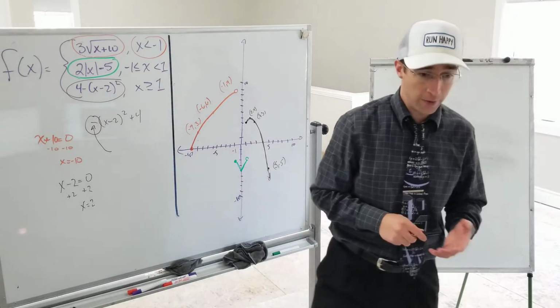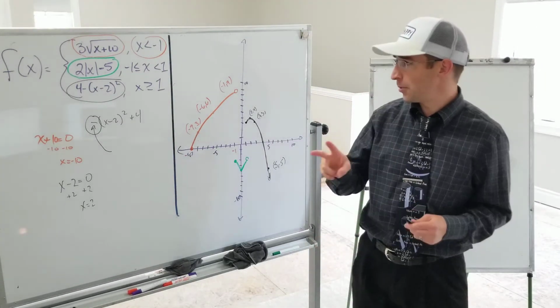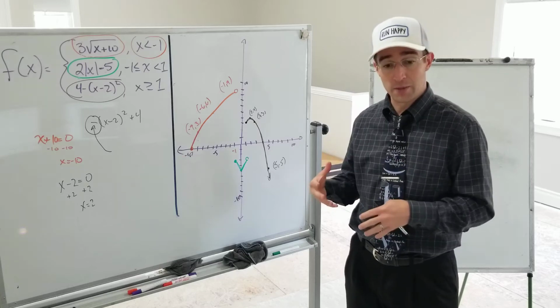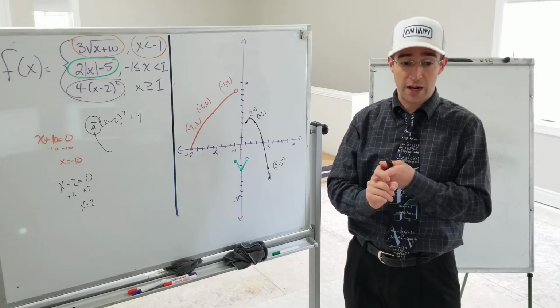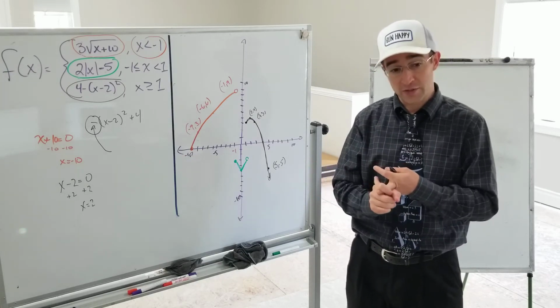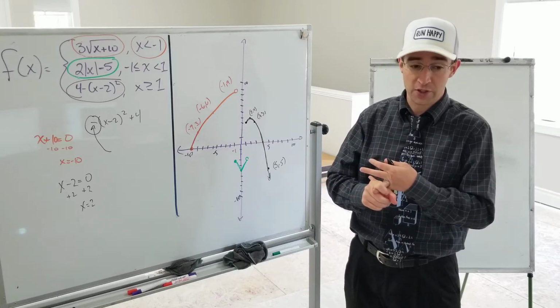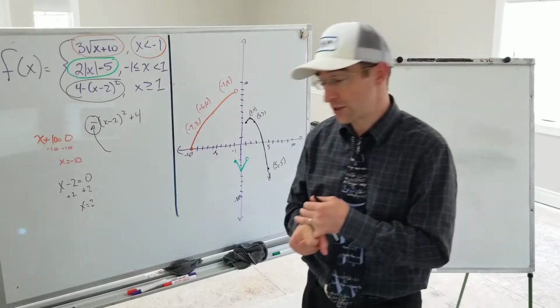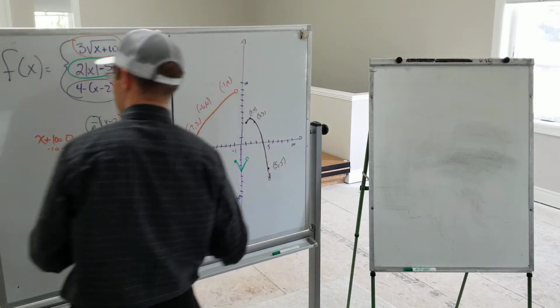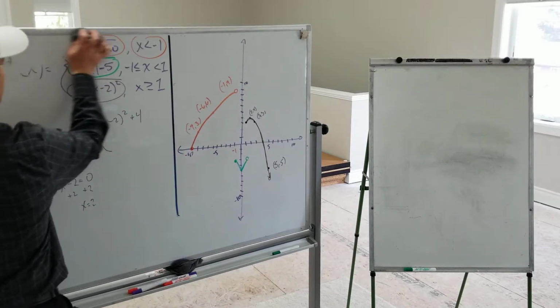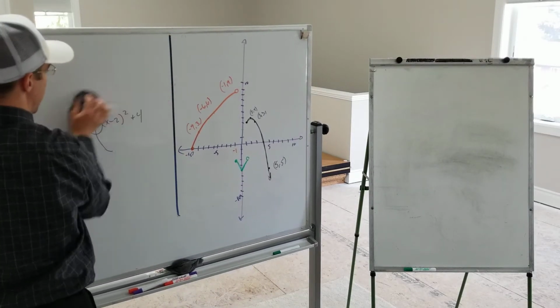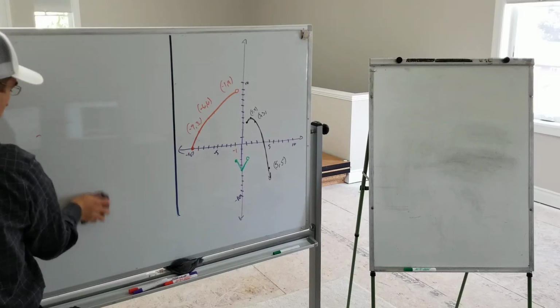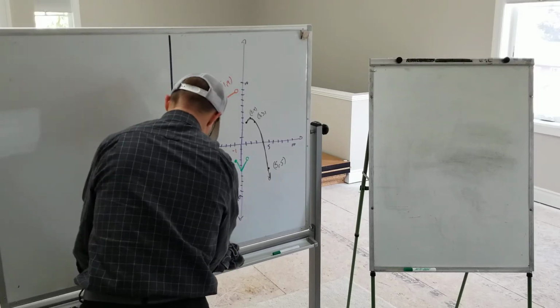So what we're going to do now is I'm going to put a couple of functions up on the board. I want you to sketch the graph, describe the transformations, state what the parent function is, and then use function notation to write this function in terms of its parent function. We're going to go over it, but try to do as much as you can before I show you how to do it.